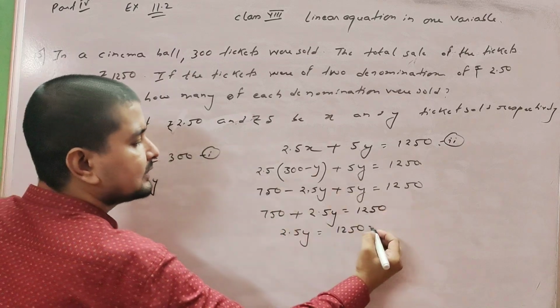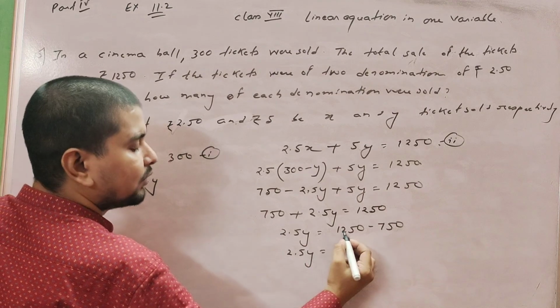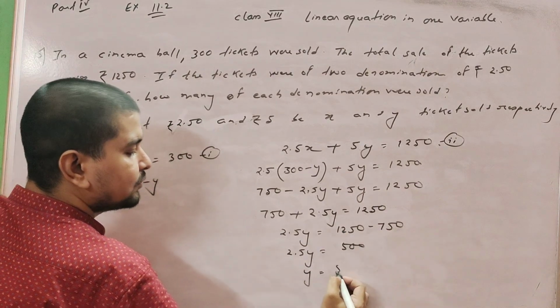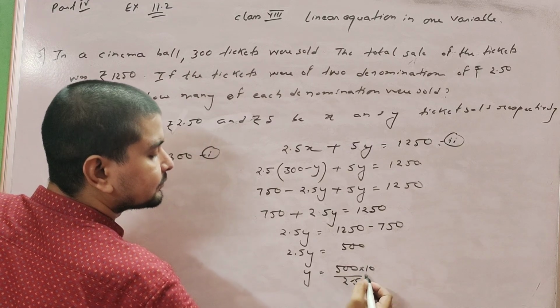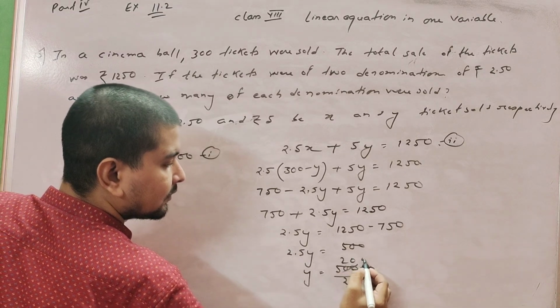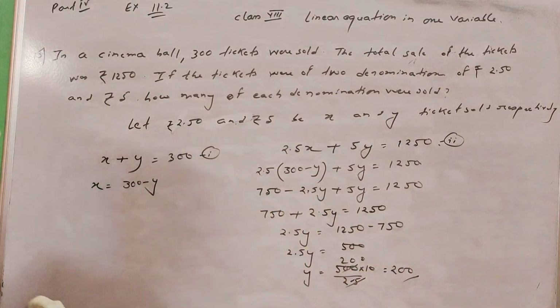This 750 goes this side, that is minus 750. So 2.5Y equals 1250 minus 750, which is 500. So Y equals 500 by 2.5. So the value of Y is 200. Okay.